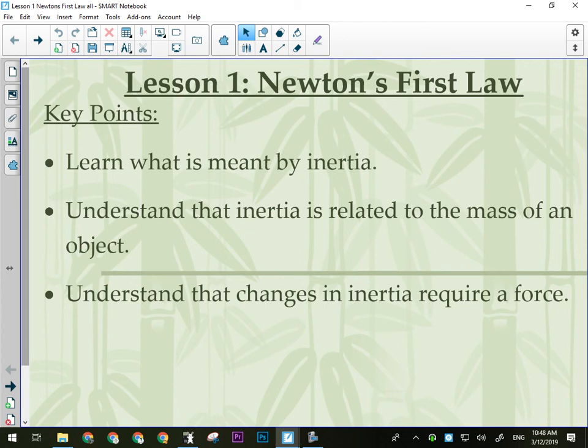All right, so we're going to start off talking about Newton's first law, which, while a very important part of rocket science, is definitely not rocket science. Newton's first law says this: this desk will stay right here, provided nobody moves it.